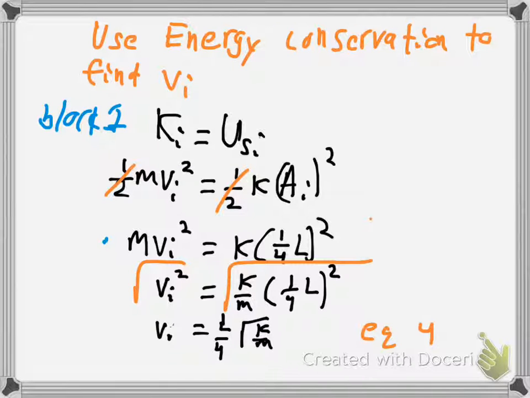So we get m vi squared is equal to k times 1/4 L squared. And I'm actually going to not square it out. I probably should have done that before. Then divide by m on both sides. It's solved for vi squared. And then I will square root both sides. So we get vi is equal to 1/4 L times the square root of k over m. So this is equation 4.